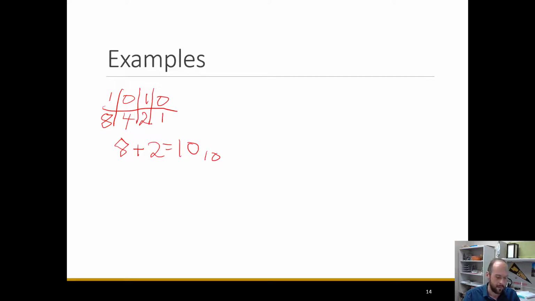Here's another example. If we have 1, 1, 0, 0, 0, 0, 1, 1. We can again just align that to our number line, and I won't draw the whole number line. I'll just put in some key points here. It's 1, 2, 4, 8, 16, 32, 64, 128.